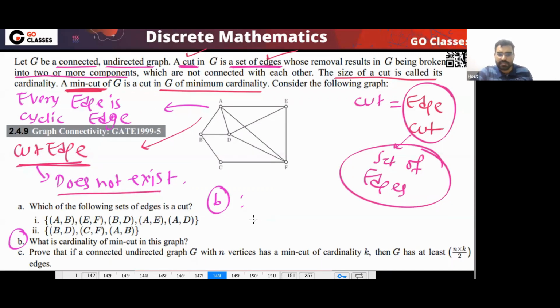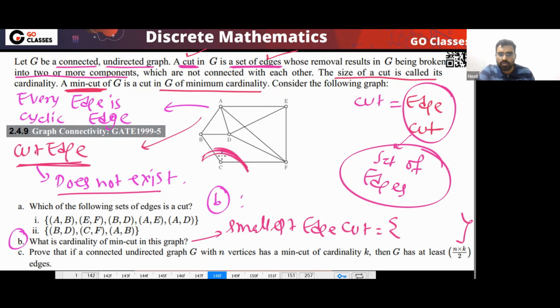So what is the smallest edge cut? It is actually very simple. I have 3, but can I do with only 2?